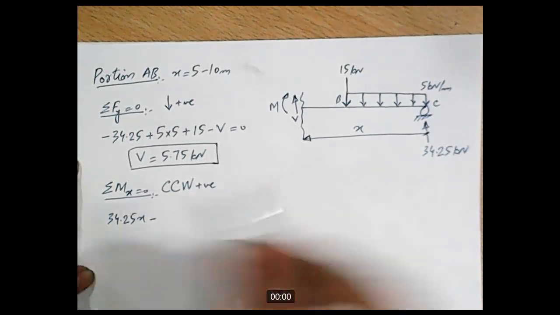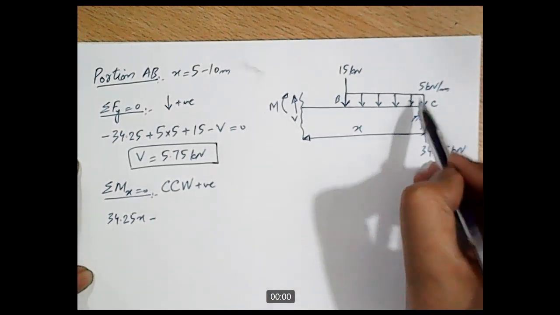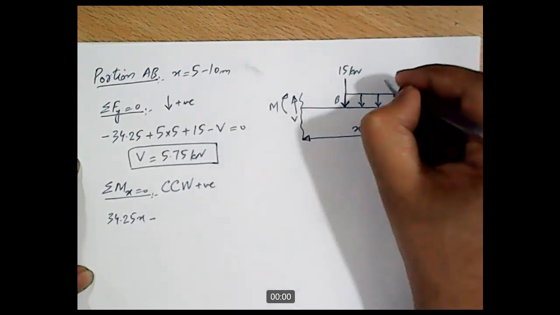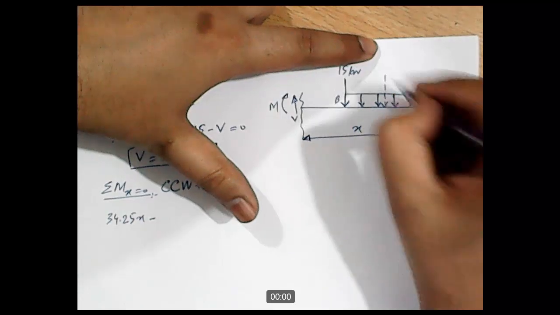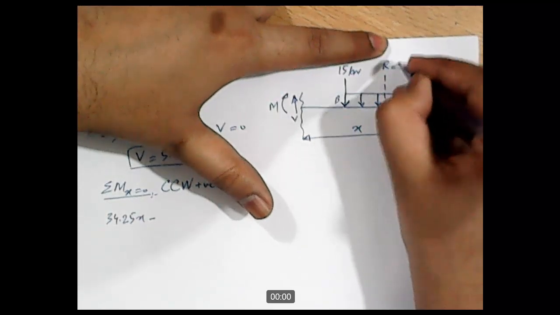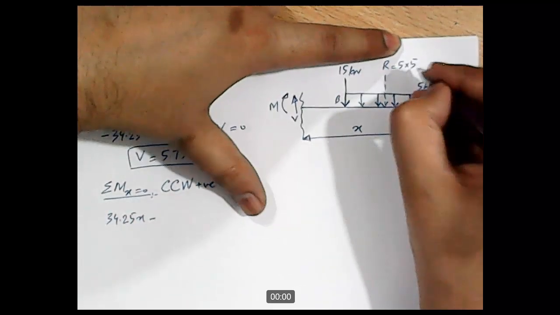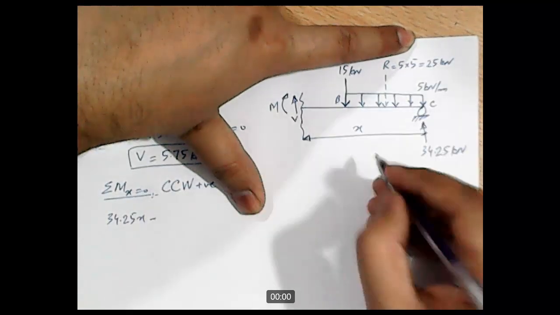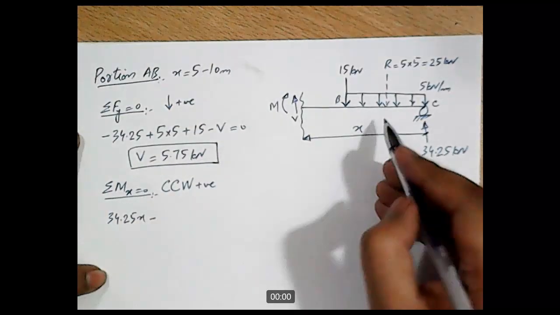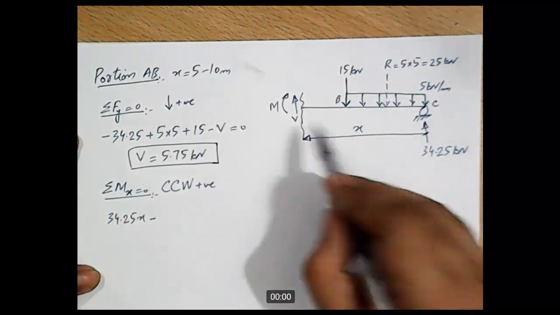Then the resultant of the UDL will act at the center of the rectangle, somewhere over here. This is the resultant: 5 into 5 equal to 25 kilonewton. And how much is the distance between this resultant and the section?